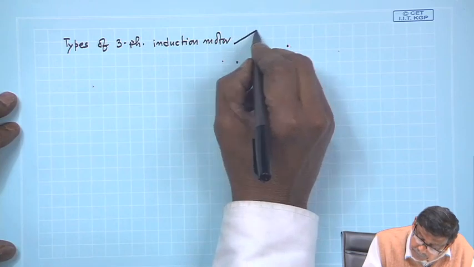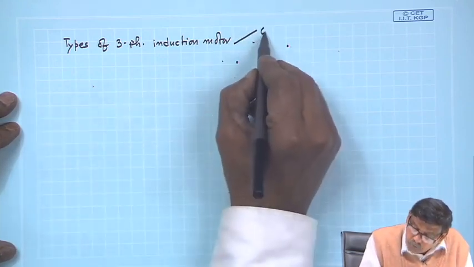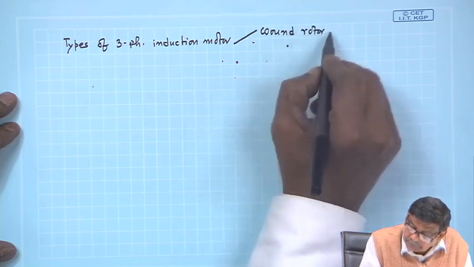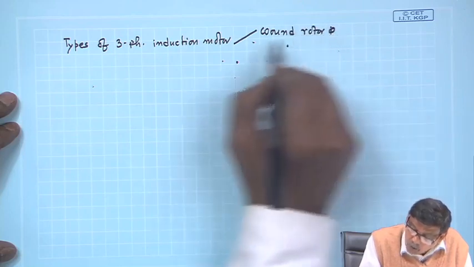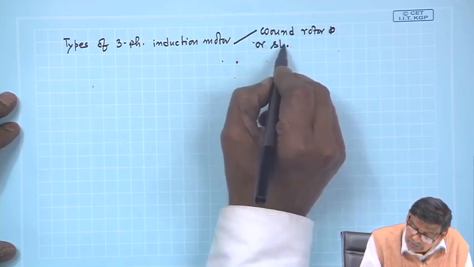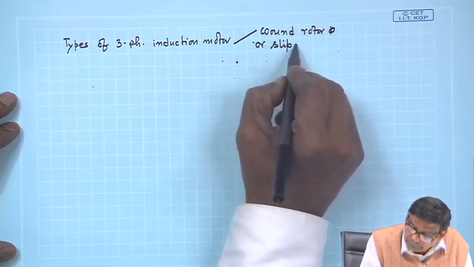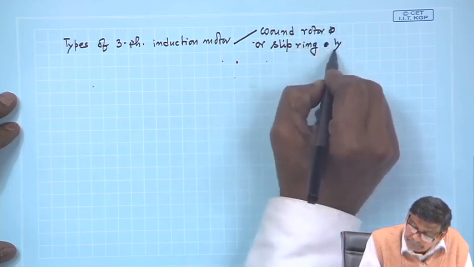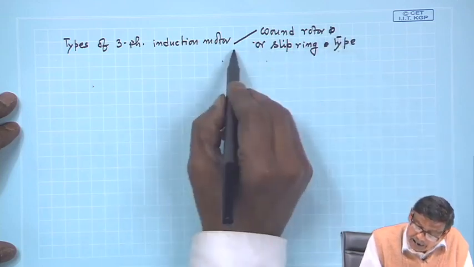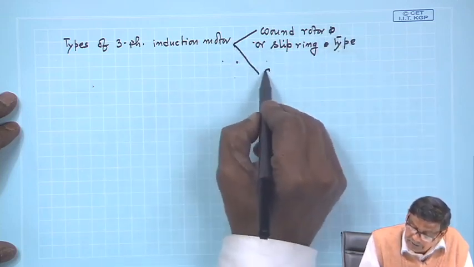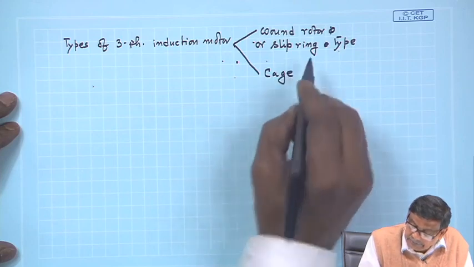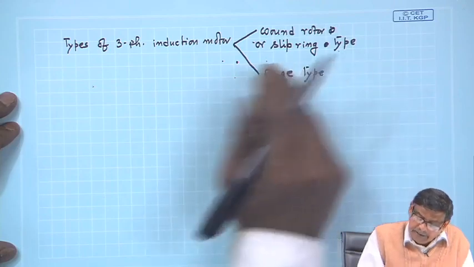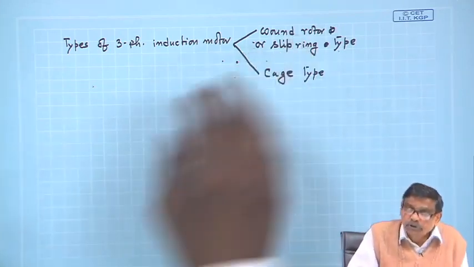One is called wound rotor induction motor, or this is also known by this name, slip ring induction motor, slip ring type, wound rotor or slip ring type. And another is what is called the cage type rotor.